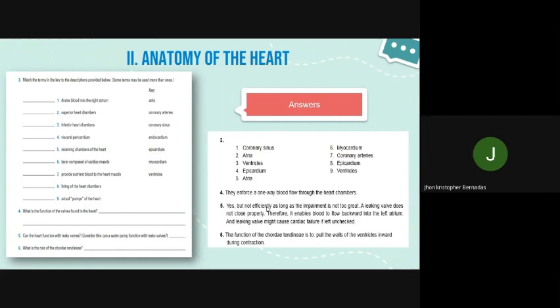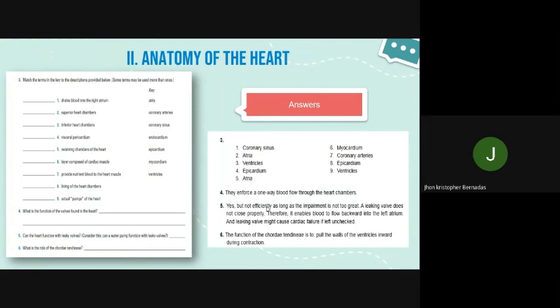Number 4, visceral pericardium, and our answer is epicardium. Number 5, receiving chambers of the heart, and our answer is atria. Number 6, layer composed of cardiac muscle, we have myocardium.